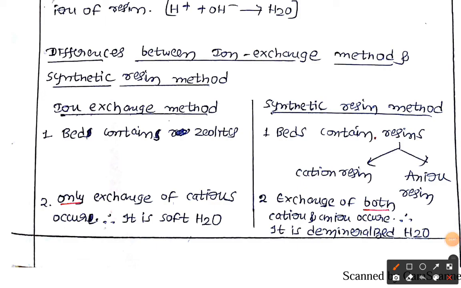In the ion exchange method you remove only cations, so you get soft water. In the synthetic resin method, you remove both cations and anions, so you get demineralized water.